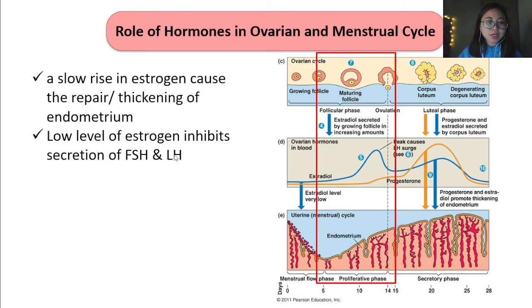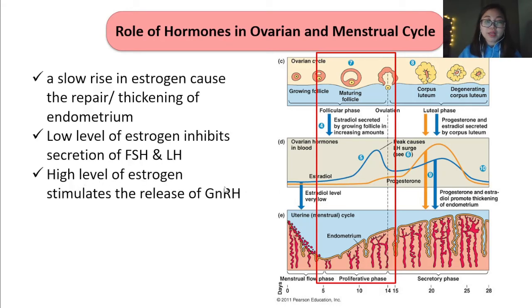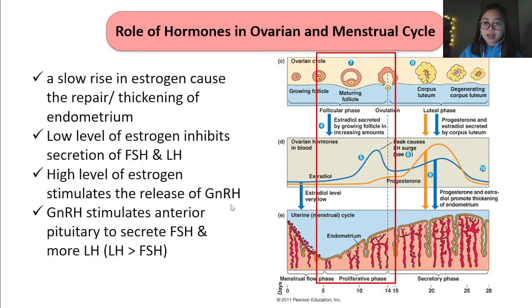Pada masa yang sama kita cakap estrogen akan inhibit secretion of FSH and LH. Bila ada banyak estrogen, dia akan menggalakkan penghasilan GnRH. Kalau ada banyak GnRH, it will stimulate anterior pituitary to secrete FSH and more LH.